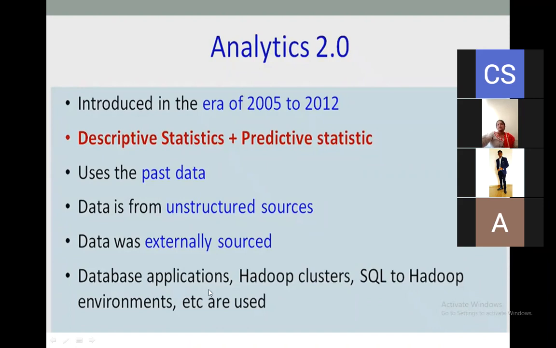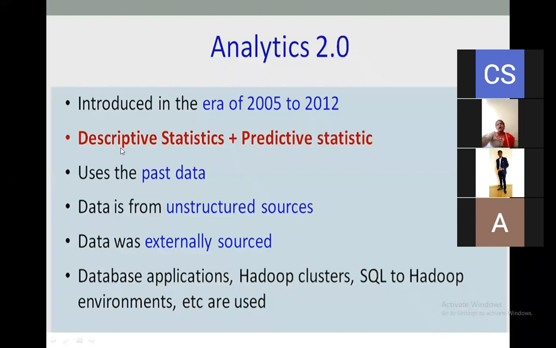The database applications are Hadoop, Hadoop clusters, SQL-on-Hadoop environments, etc. These are used to store the data, because it is a combination of both structured and unstructured data. And in it we perform descriptive analytics, diagnostic analytics, and predictive analytics.